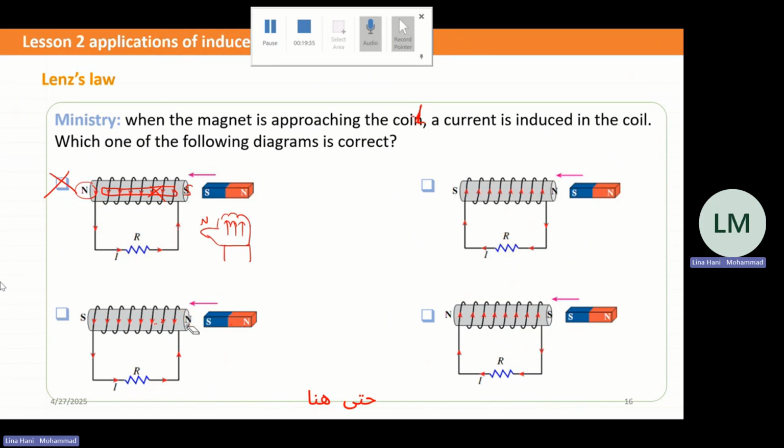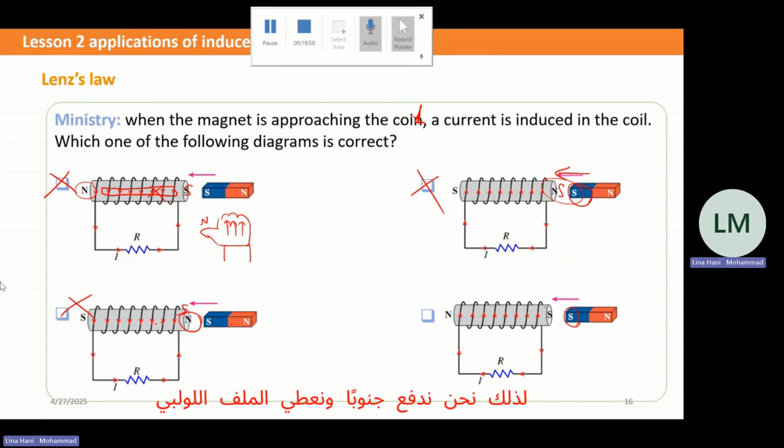So here, this is incorrect because we should have a south pole here. We're approaching south, so we should have a south, since putting a magnet in will mean repulsion. And here, this is attraction. No. All right, let's see. Obviously, it's the last one, but let's see if it's correct or not.